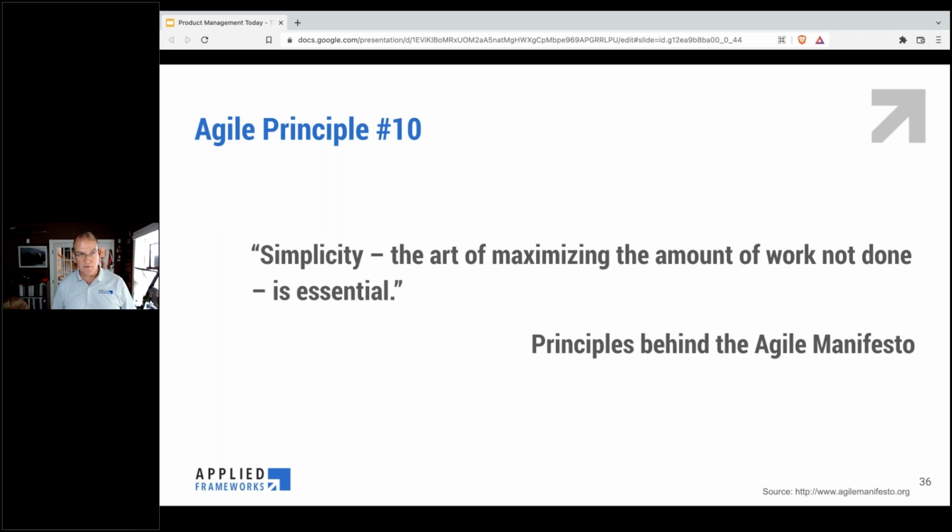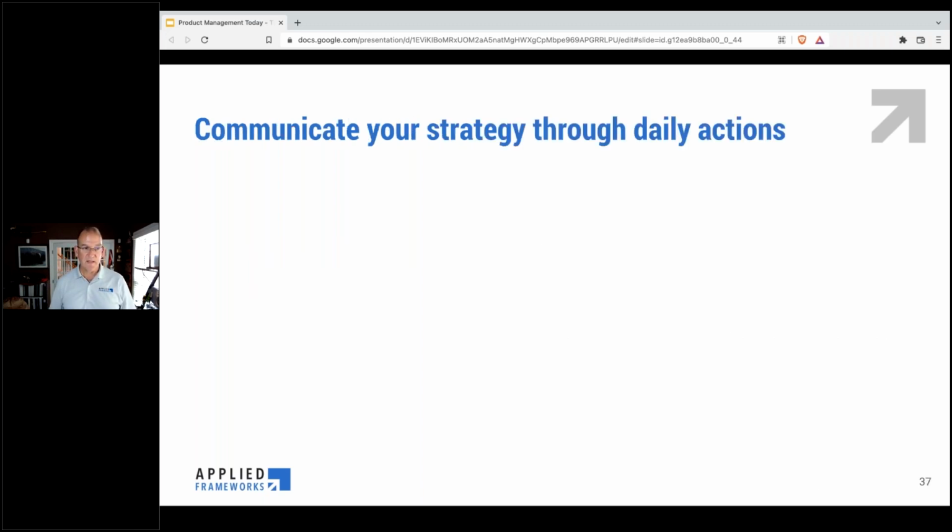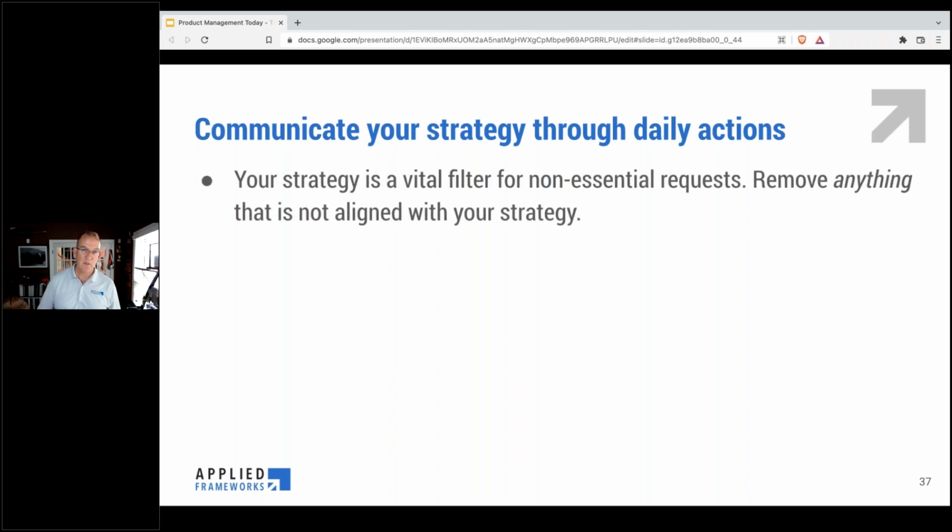So if you're guessing at what you should be developing and you don't have market research, don't do that. If you've got requests that you're receiving that are not aligned to the strategy, defer them. The day-to-day actions are ways by which you can continuously communicate your product strategy, and that can occur through how you think about your backlog.